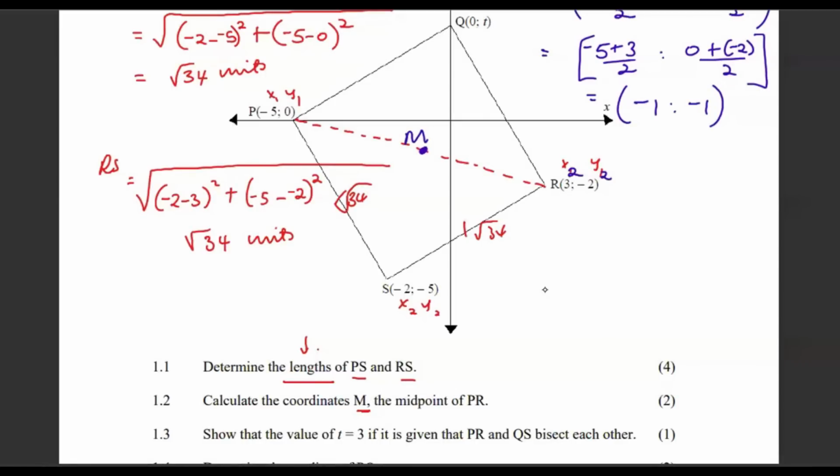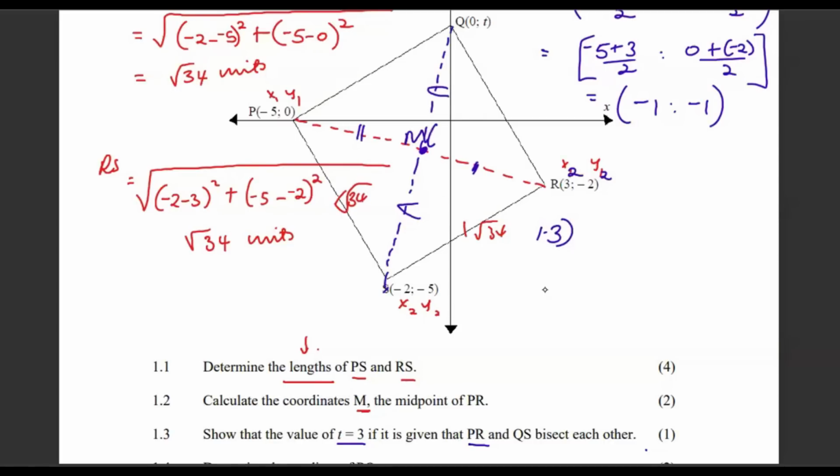Then can we show that the value of t is 3 if it's given that PR and QS bisect each other? So in other words, if we have another diagonal, just like that, and these diagonals are bisecting, meaning that M is the central midpoint for both diagonals.